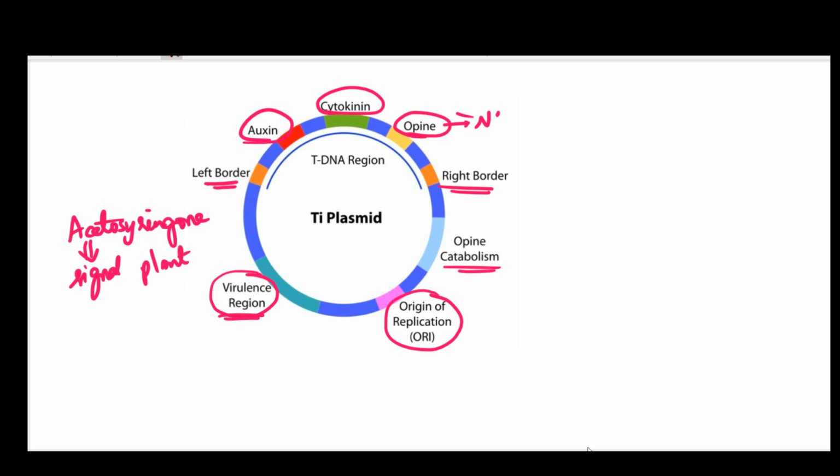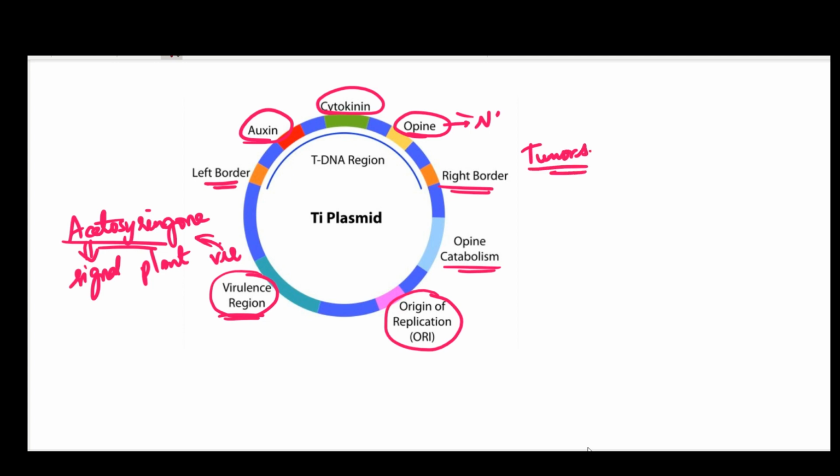With this compound, these Vir genes interact, as a result of which there will be entry of the bacterium into the plant. Normally, when the plant gets wounded, at those sites the bacterium Agrobacterium tumefaciens starts infecting the plant and causes tumors.